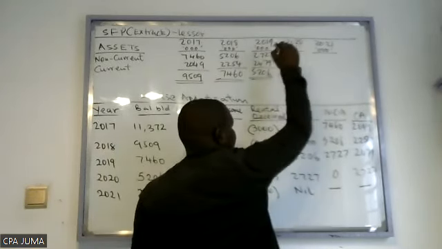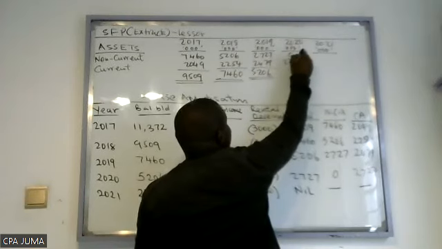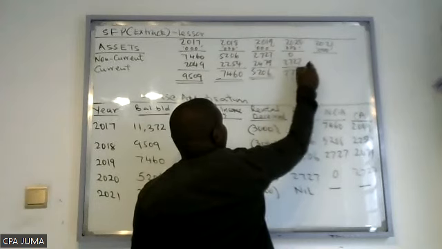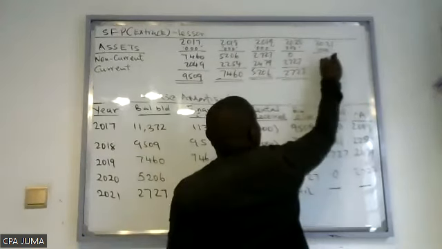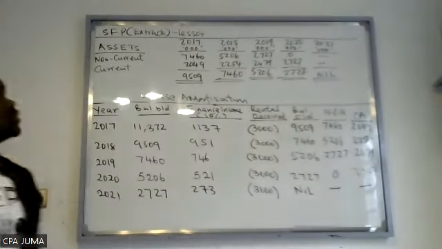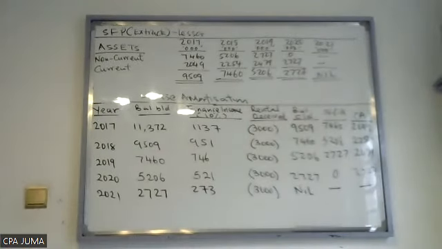This one is 0, 27, 27, 27, 27. Here there was nothing. So that is the extract of their balance sheet.